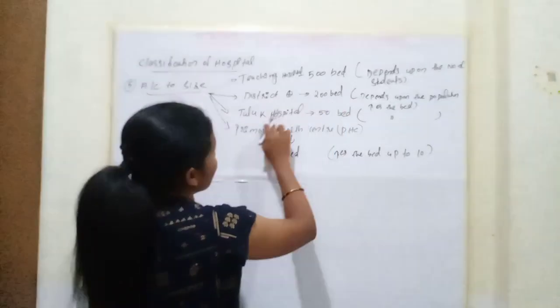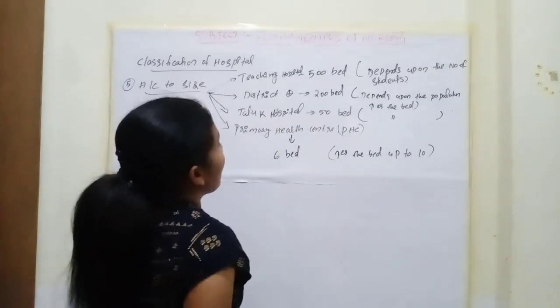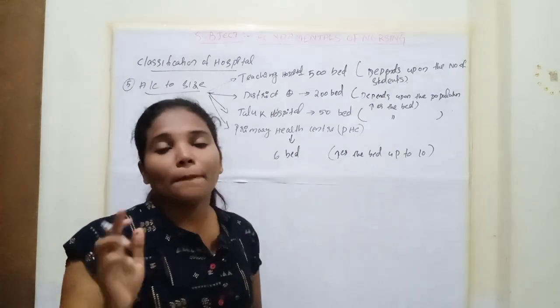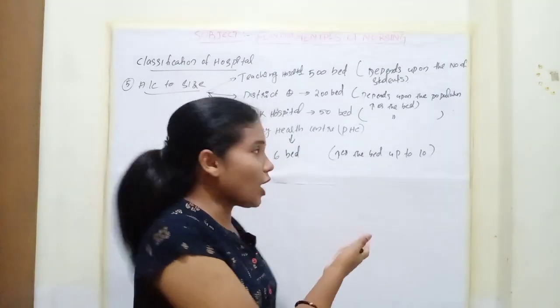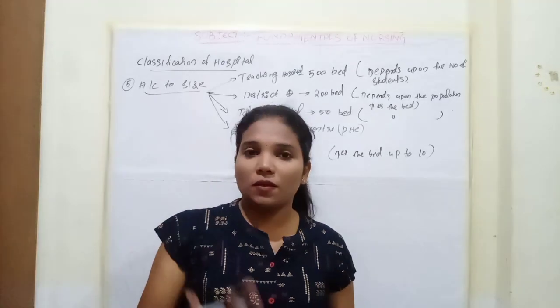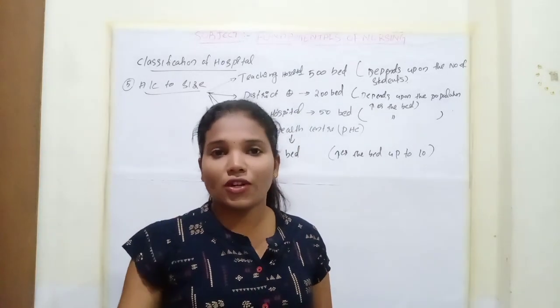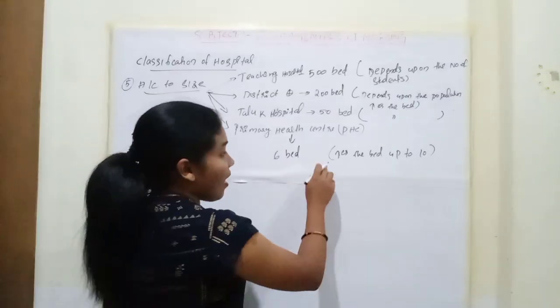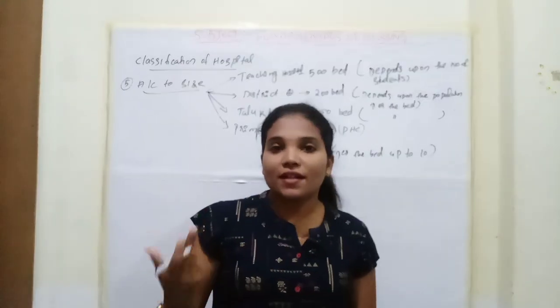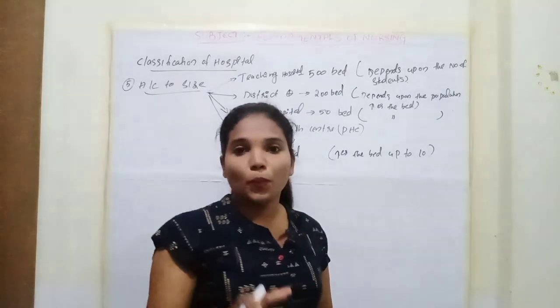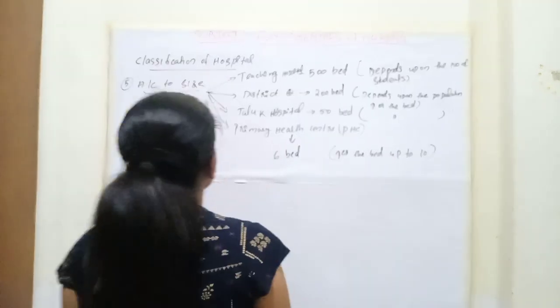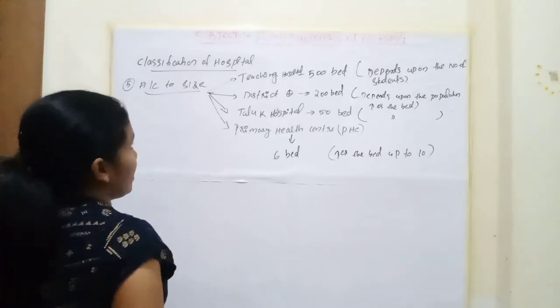District hospital has 200, taluk hospital has 50 beds, and the primary health center has a minimum of 6 beds. If a patient goes there with fever or anything, they have to take treatment there. If the number of patients increases, they have to increase the beds up to 10. So this is about the size.